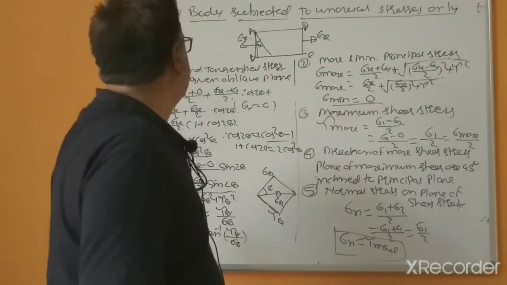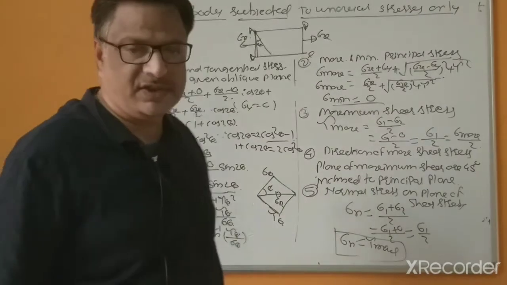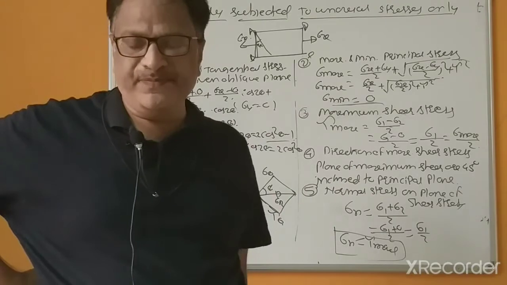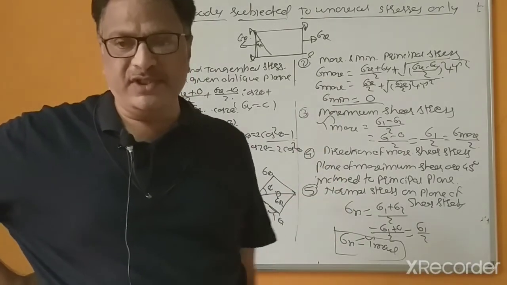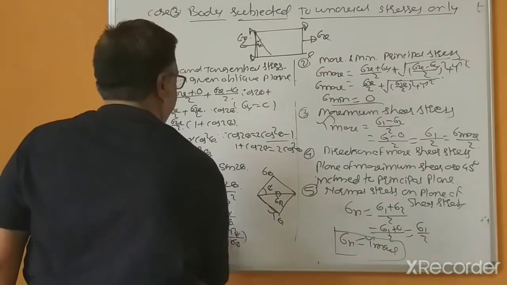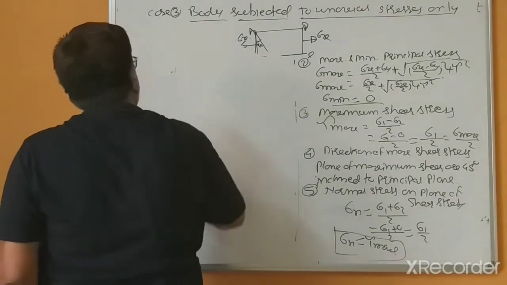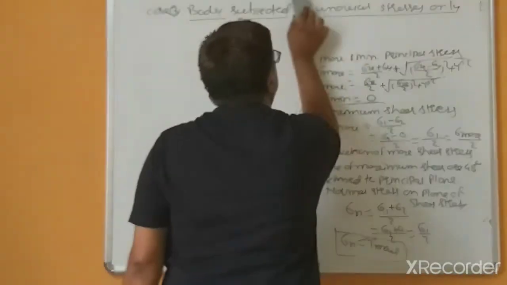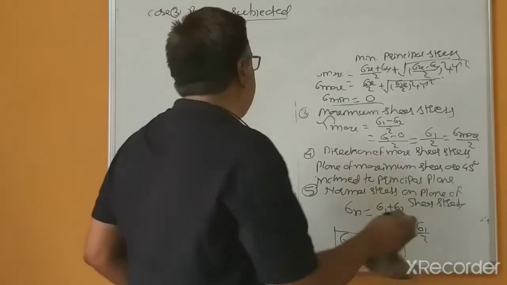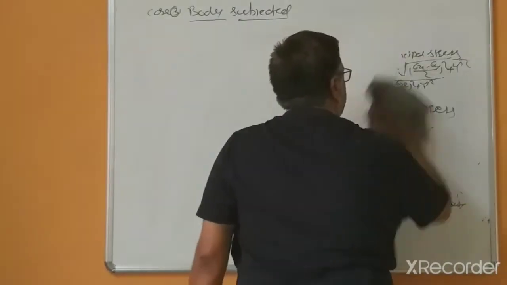Now I think you understand the cases: when the body is subjected to uniaxial stress, when the body is subjected to biaxial stresses with shear stress, and the second case is without shear stress. So once again I repeat all the formulas. I have briefly written all the formulas so that you are not confused.